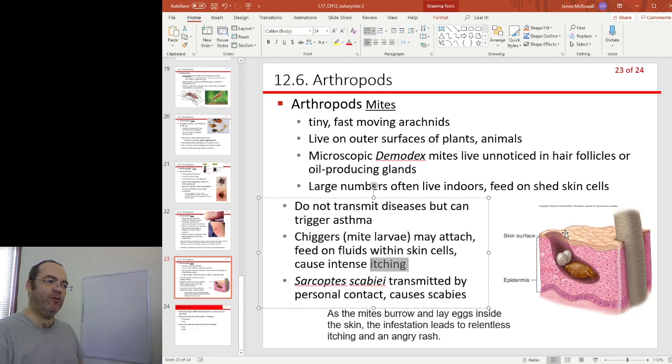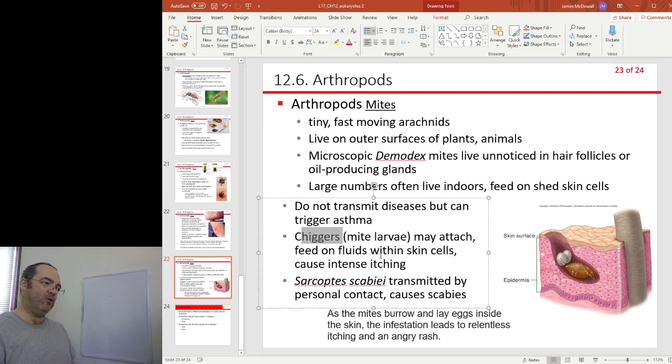Maybe we could call it a commensal, in that the mite doesn't really harm us in any particular way, but it does benefit. Again, we don't notice really the mites that are living at the base of our hair follicles.